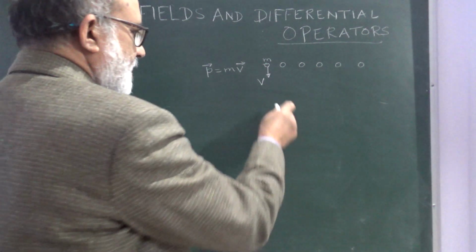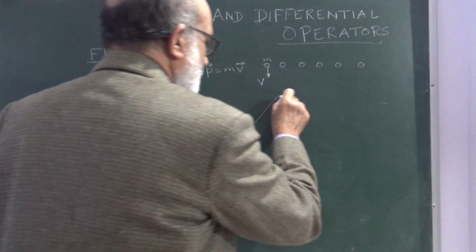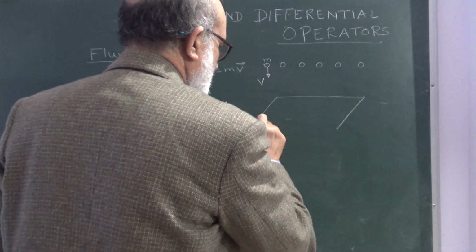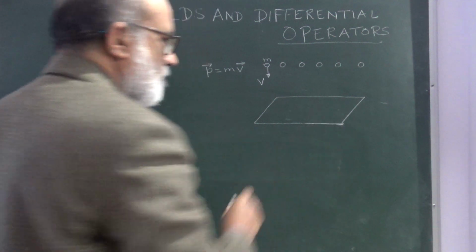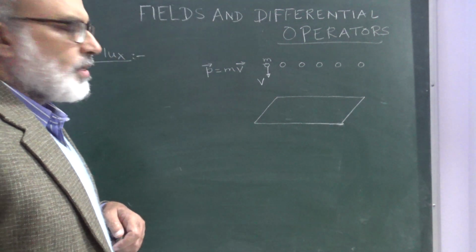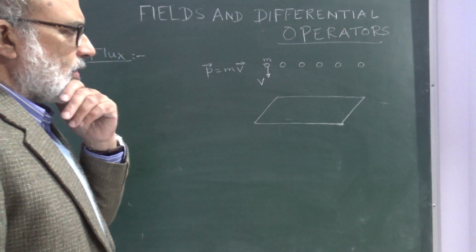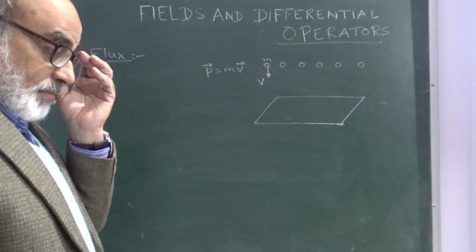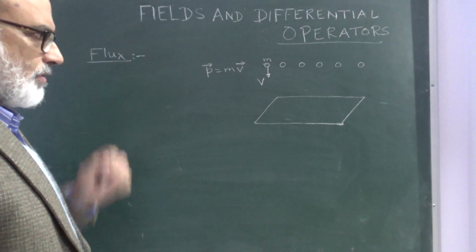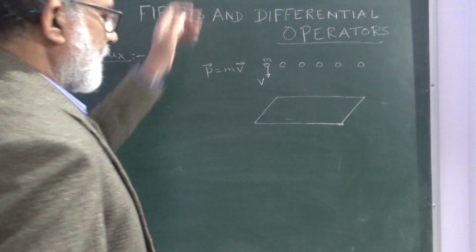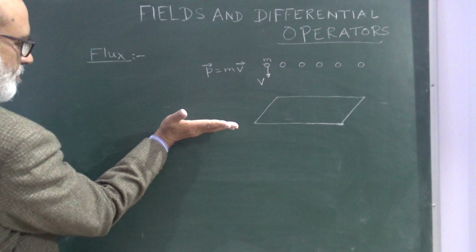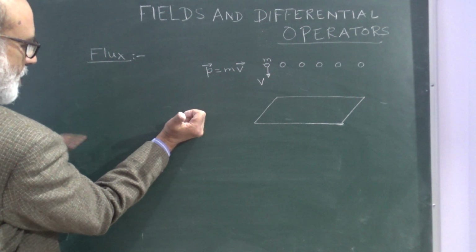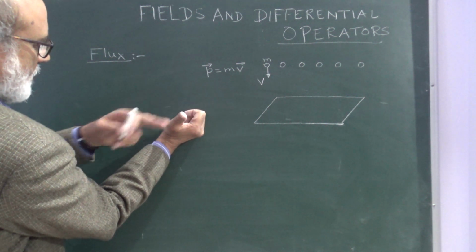Now consider a plate. The area of the plate is a vector quantity, you know, and area of this blackboard means this is the area of the blackboard. If you put your right palm, rotate fingers, that gives you the direction of area.